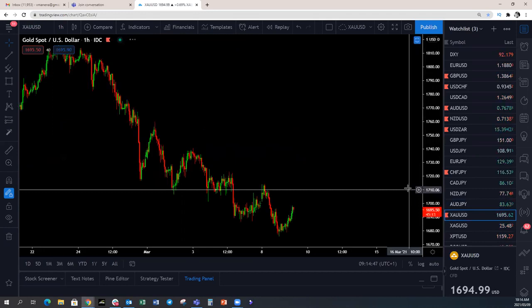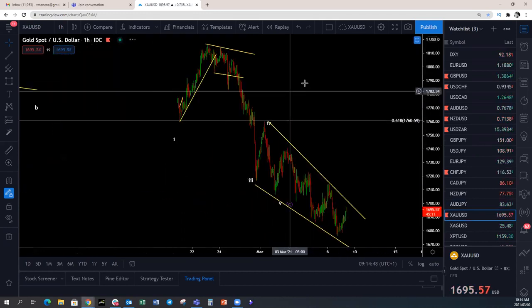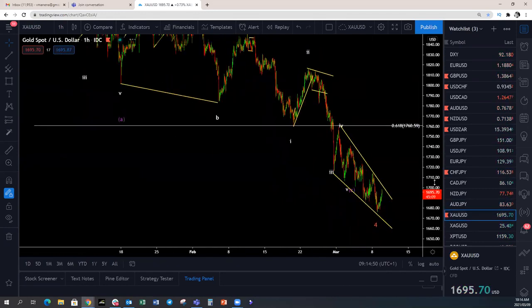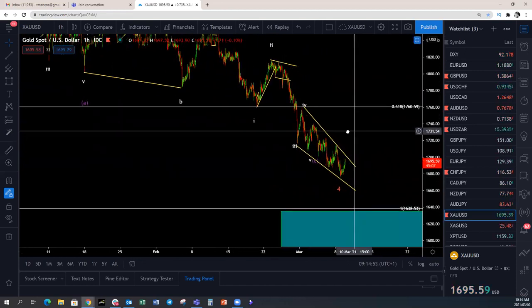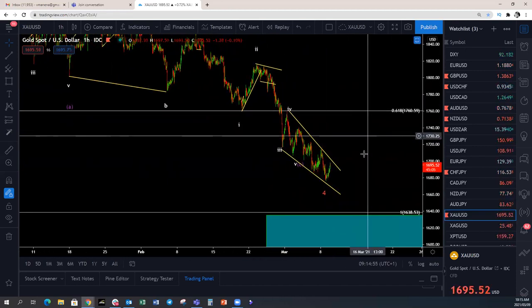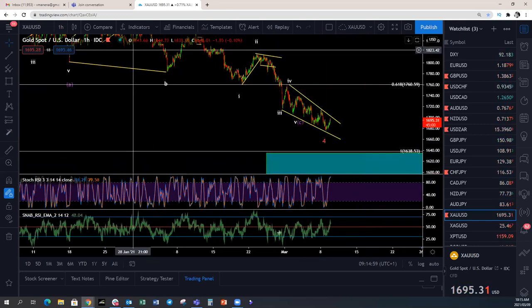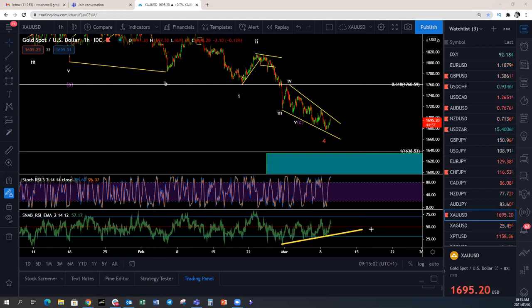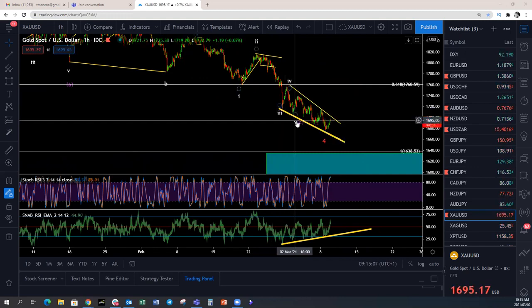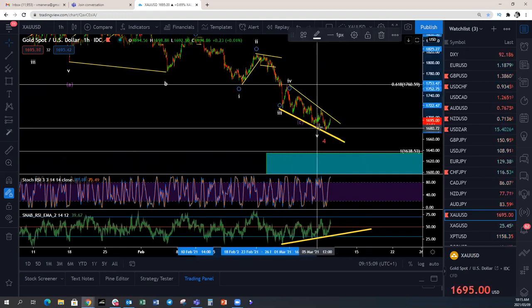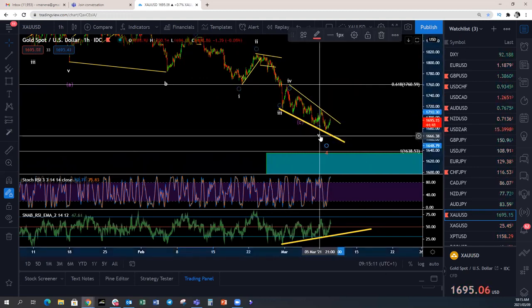So gold, just like Euro US dollar, we wanted it to get to the blue box, but it looks like we've got some strong divergence if you look at gold here. Look at the 1 hour on gold. Look at this here on gold. We could be looking for upside here.